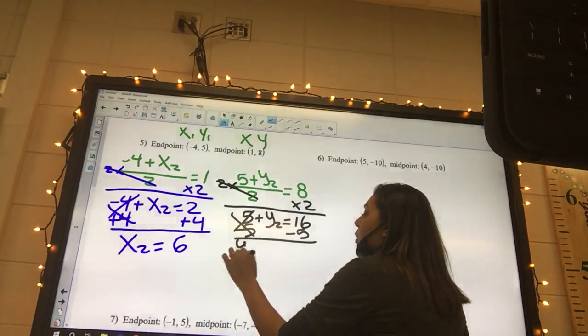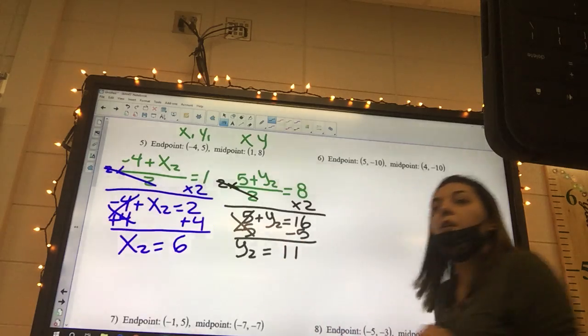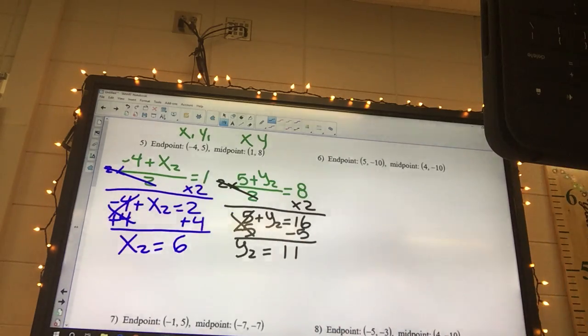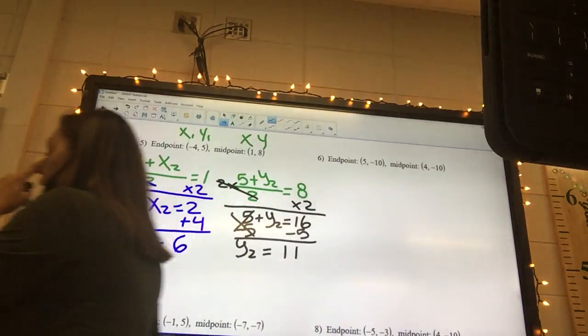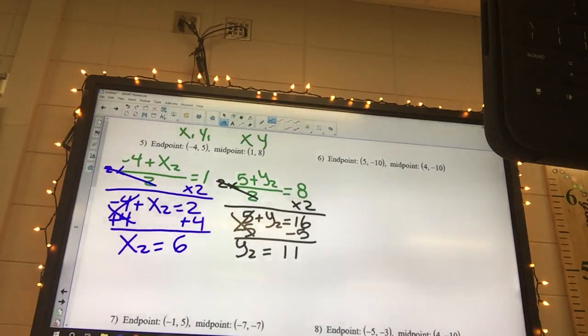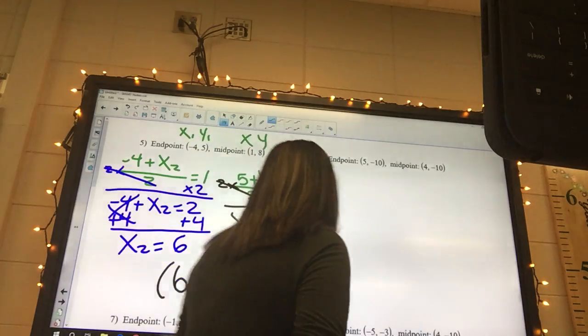So I'm left with y sub 2 equals 11. So I have x sub 2 equals 6 and y sub 2 equals 11. So how do I write that out for my very last thing? What should it look like? Parentheses 6, comma 11. Perfect. So parentheses 6, comma 11, close parentheses.